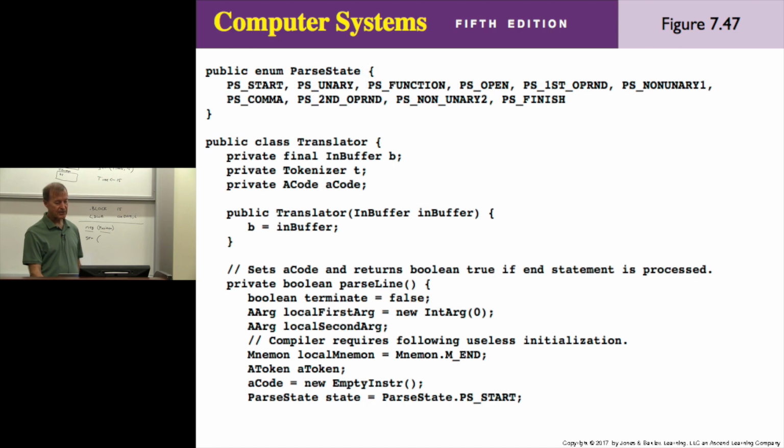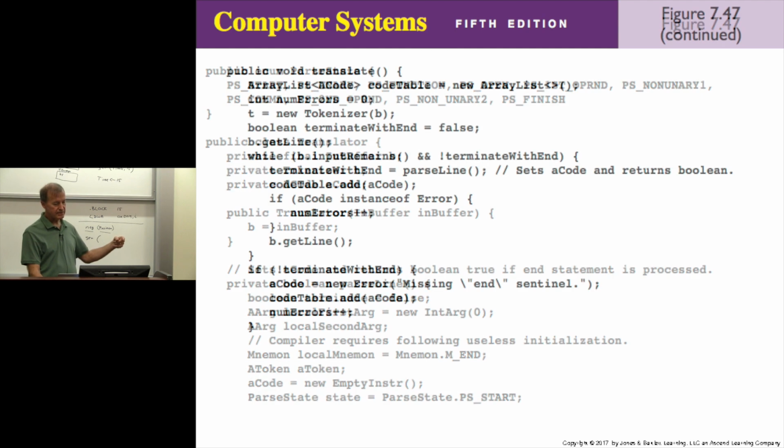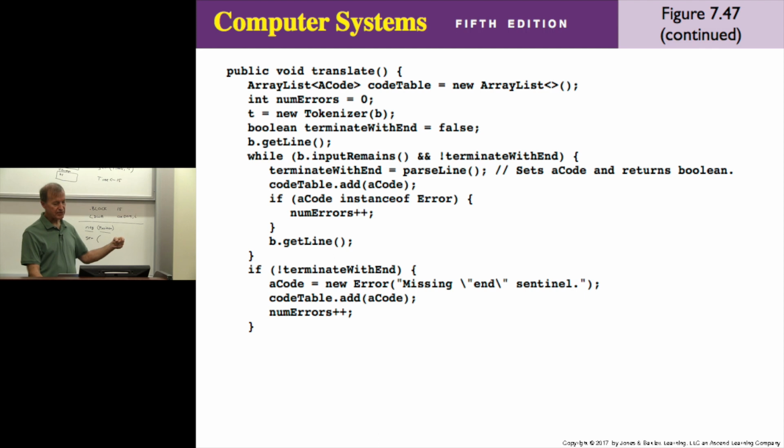In figure 7.47, there is a public class Translator, and it has a constructor called Translator, and then it has a method called parseLine, and this translate in figure 7.47 is what calls parseLine in a while loop.